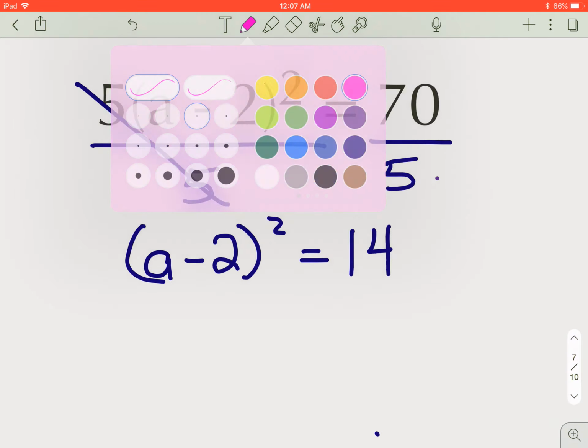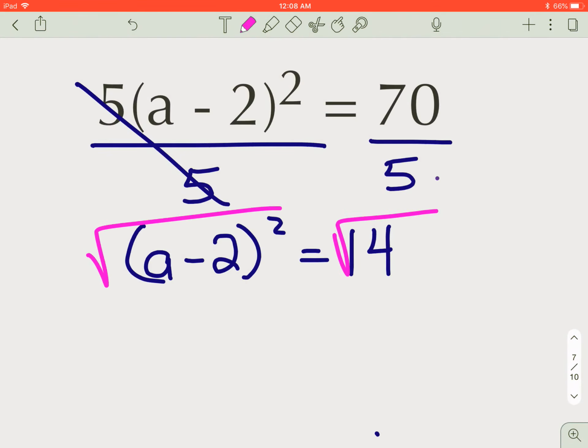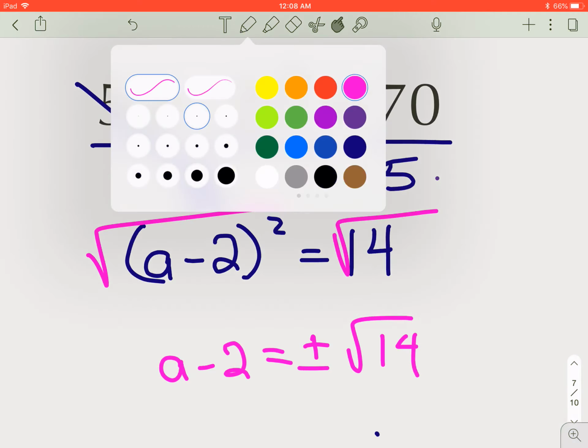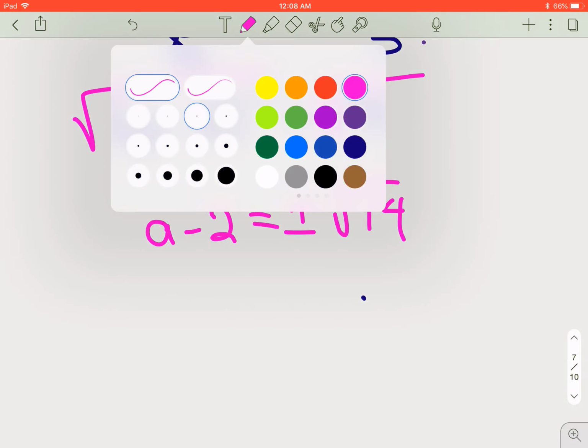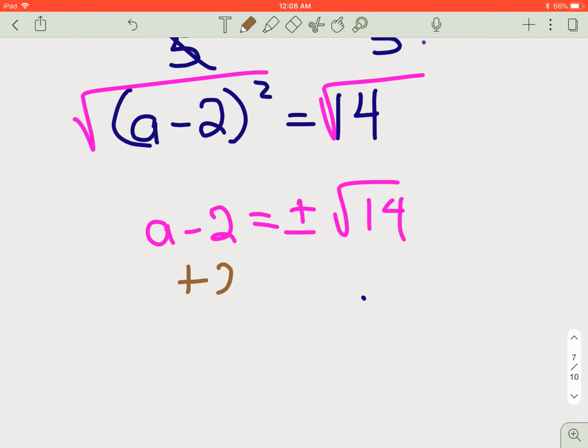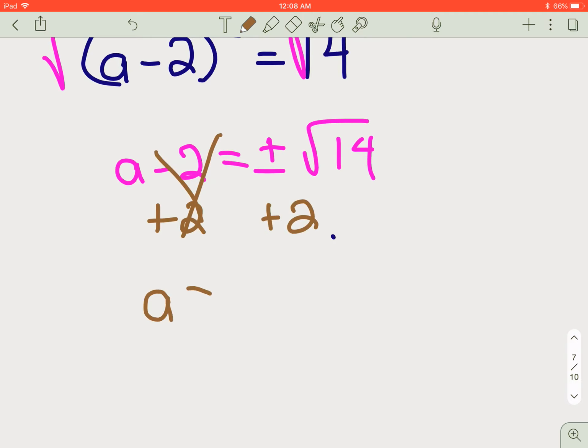I would then have to get rid of that power of 2 by square rooting both sides. I'd be left with a minus 2 equals plus or minus the square root of 14. I would then add 2 to both sides, add 2, add 2. I have a equals 2 plus or minus the square root of 14.